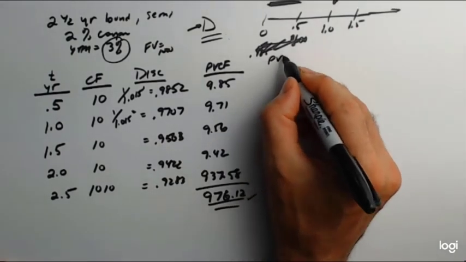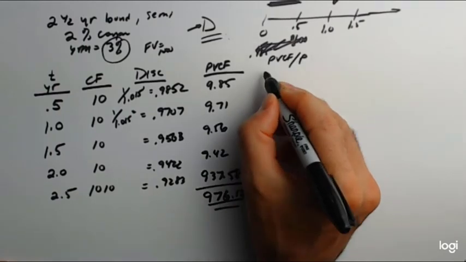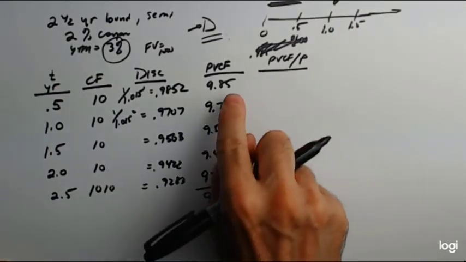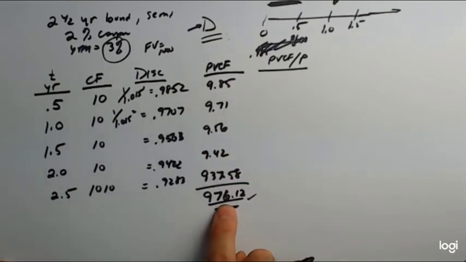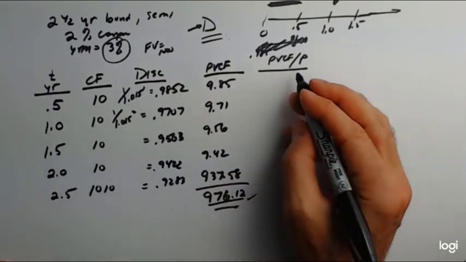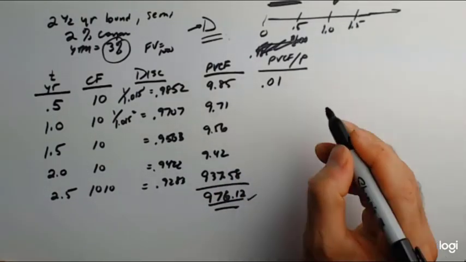Now let's look at the present value of the cash flow divided by the price, or the value of the bond. What is this cash flow as a percentage of the value of the bond? So you take 9.85 divided by 976, that's about 0.01.